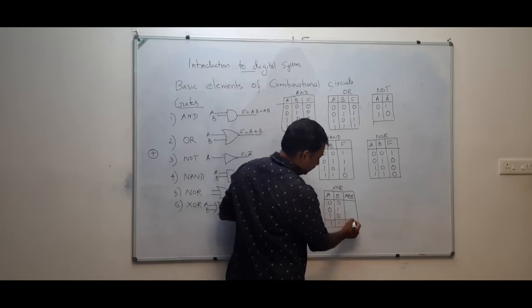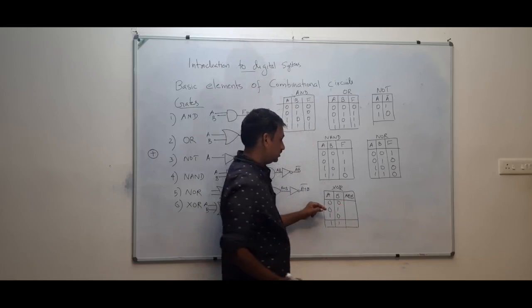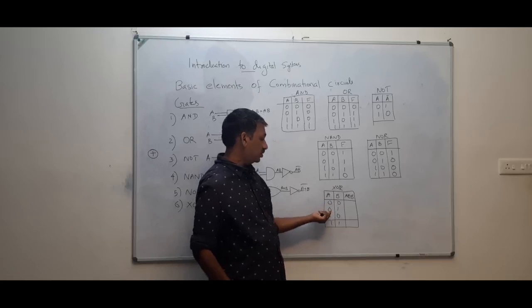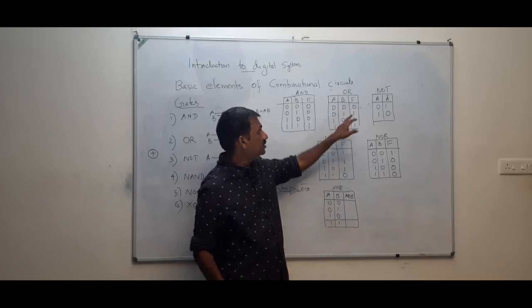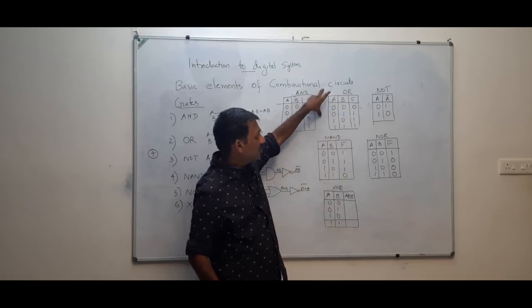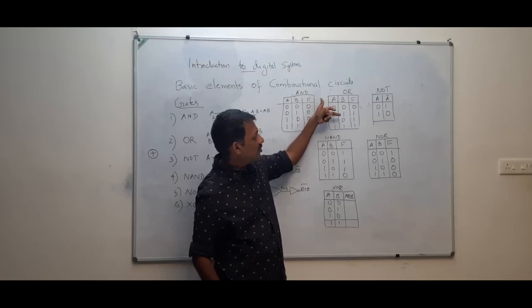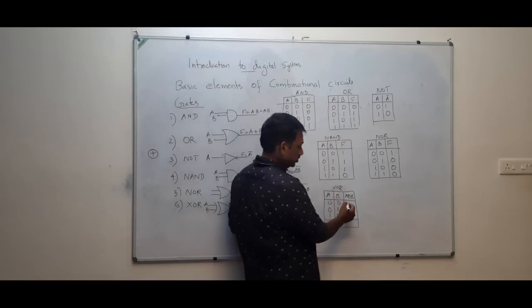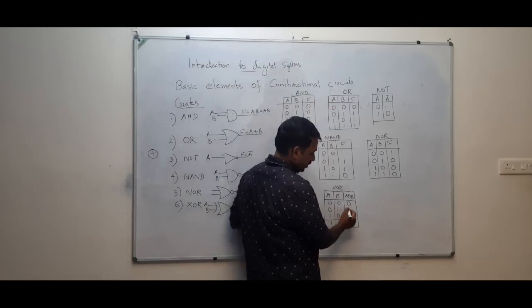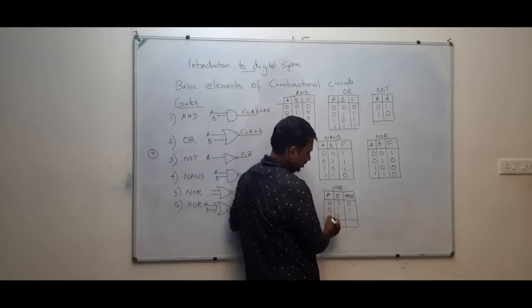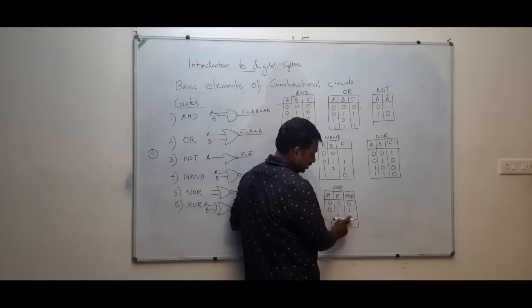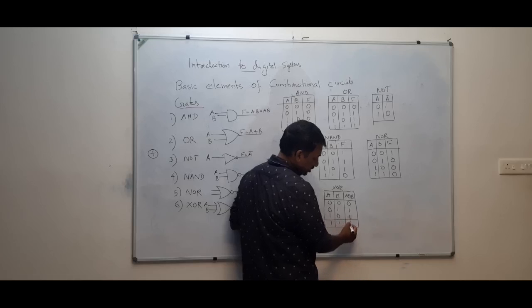For these three rows, that means 0 or 0, 0 or 1, 1 or 0, OR is the same. 0 XOR 0 is 0, 0 XOR 1 is 1, 1 XOR 0 is 1, and 1 XOR 1 is 0.